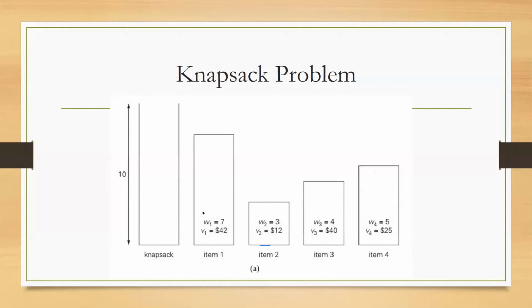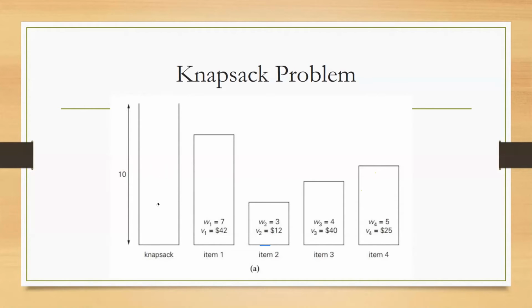Now the problem is there is a knapsack given, a container or a bag, and its capacity is 10. What you are supposed to do is fill these items in this knapsack so that you get the maximum profit.